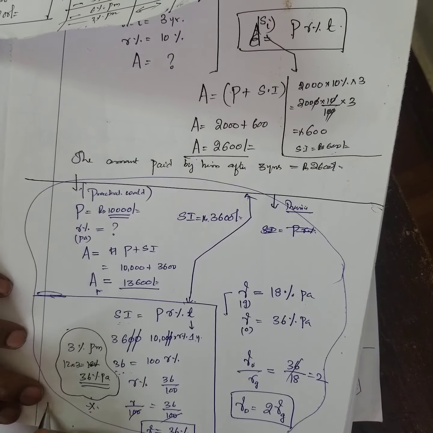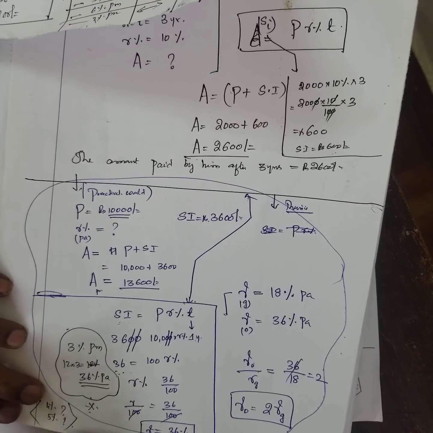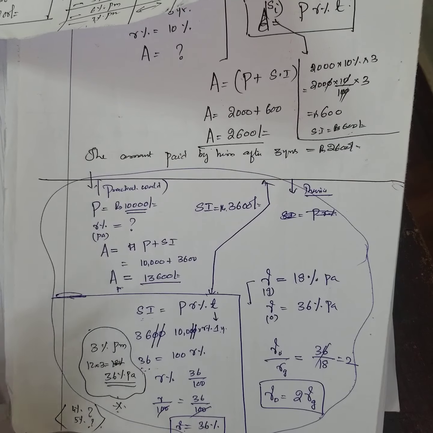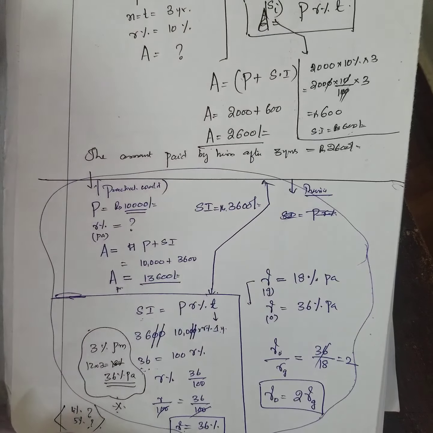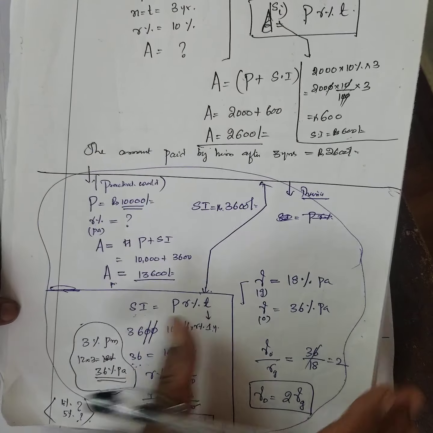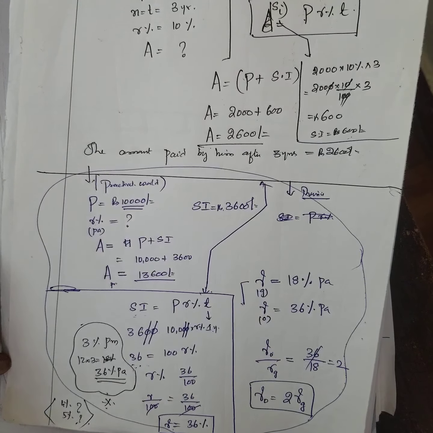Imagine 4% and 5%. What type of profit they will get. See, this is important. Therefore, don't take money from outside. Always take the money from the bank. That is the safer side for any financial management.